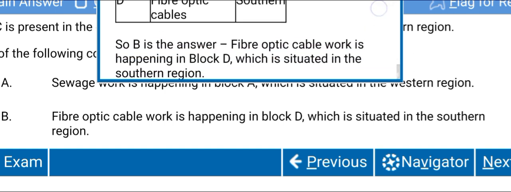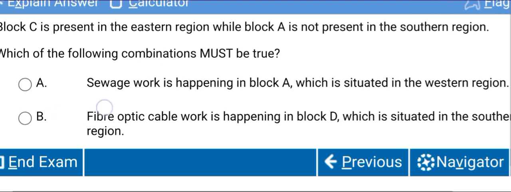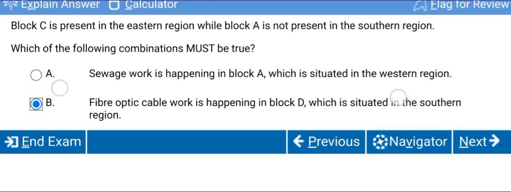So B is the answer, that fiber optic cable work is happening in Block D, which is situated in the southern region. So the correct option is option B.